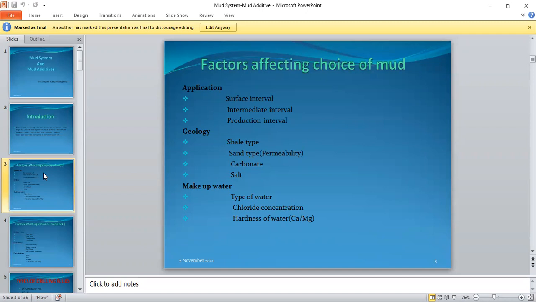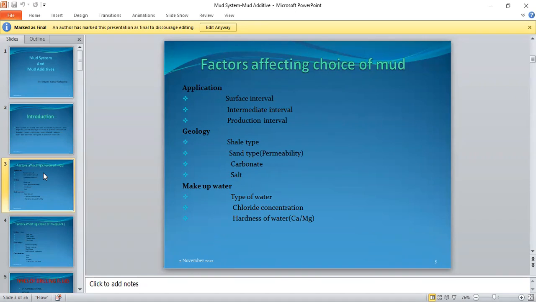The water you have, what is the chloride content? If the chloride content is very high, it will be a problem for you. If the chloride content is low, fine. If the chloride content is anything up to 1,000 milligrams per liter, then you know that you cannot use that water to start your spud mud.